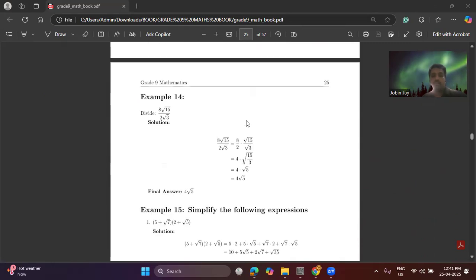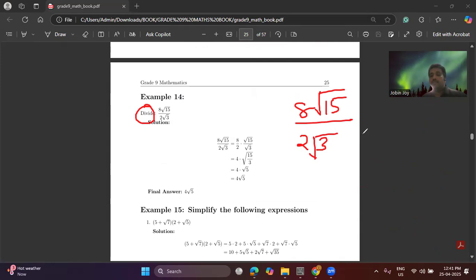Very simple. Then another is a division. So 8 root 15 divided by 2 root 3. So this will be 8 into root 15.